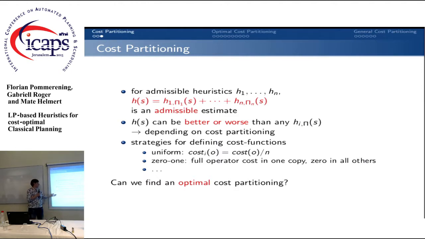There's 0-1 cost partitioning, where sometimes we know that a heuristic won't make use of any operator cost, so we give it 0 and distribute it equally among the others, or in the extreme case, one copy gets the full operator cost from an operator, and for all the others the operator will be free of cost.